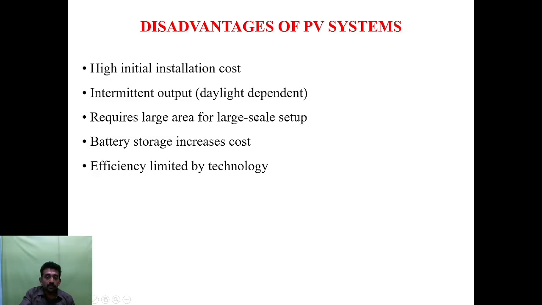However, it is advantageous: it is clean, very pure, causing less pollution and very few carbon footprints. But the efficiency associated with PV systems is very low. The nominal efficiency taken is around 10% to 15% in around the 2000s, in amorphous silicon cells.